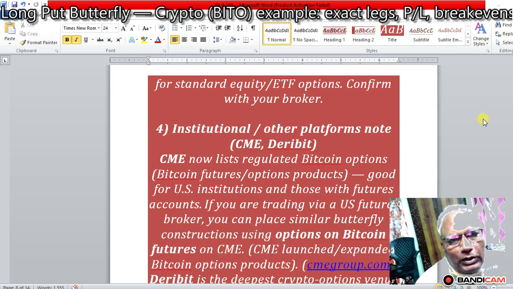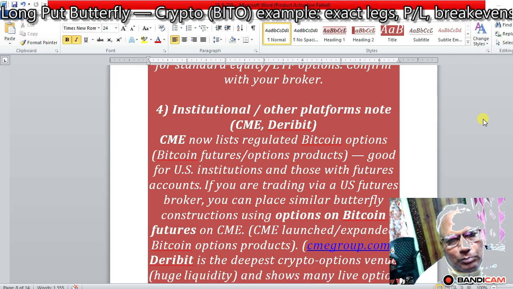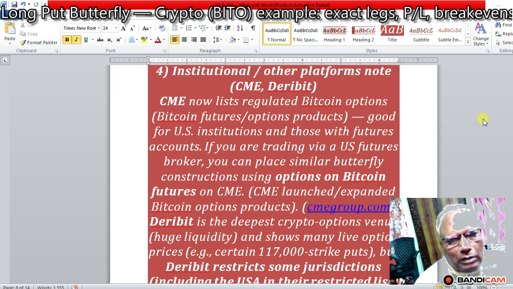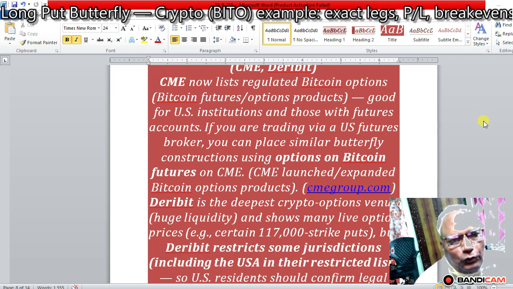Institutional and other platform notes: products good for US institutions and those with futures accounts if you are trading via a US Bitcoin futures or CME. CME launched expanded Bitcoin options products.